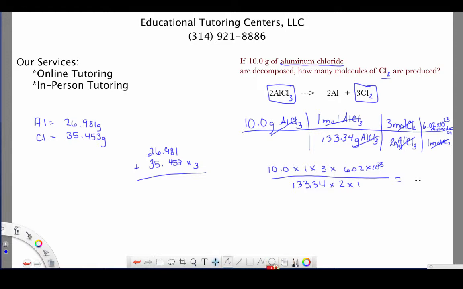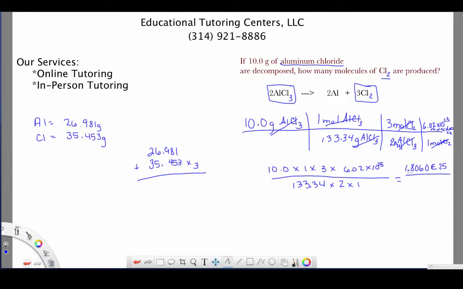Okay, so 10 times 1 times 3 times 6.02 times 10 to the 23rd. I'm going to write out the steps for that numerator. When you're using your calculator, you just hit the enter button to get your answer back on there. This is what will probably show up in your calculator, and that E stands for exponent.